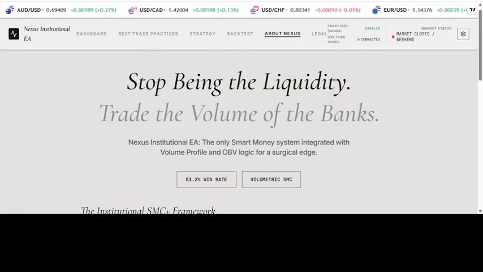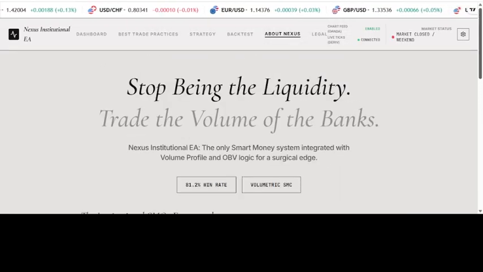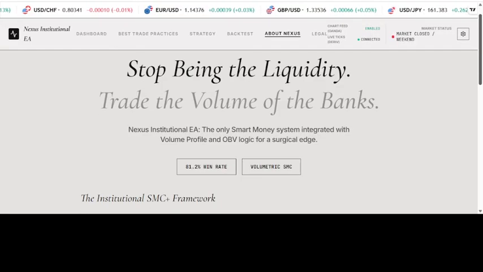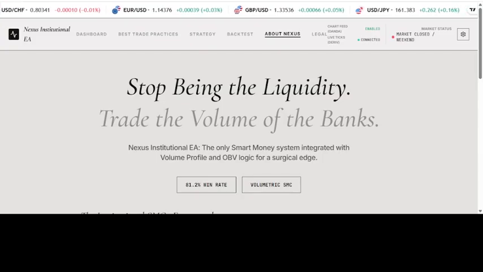I've also integrated volume profile and on balance volume logic into the engine, which I don't believe any other expert advisor does. This is something I've been working on for a very long time. I have 14 years of experience in trading, and I've put together this trading engine very meticulously and strategically.